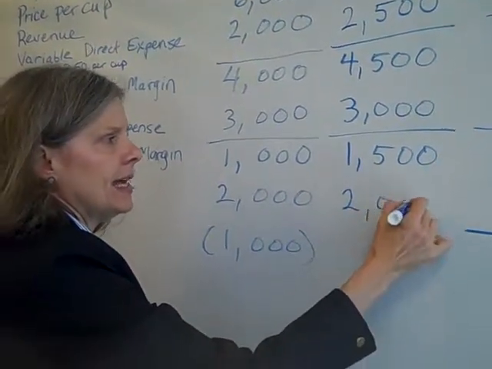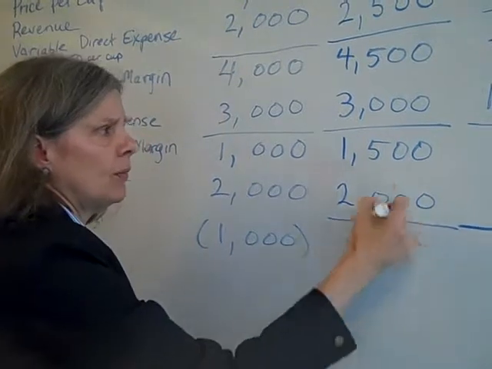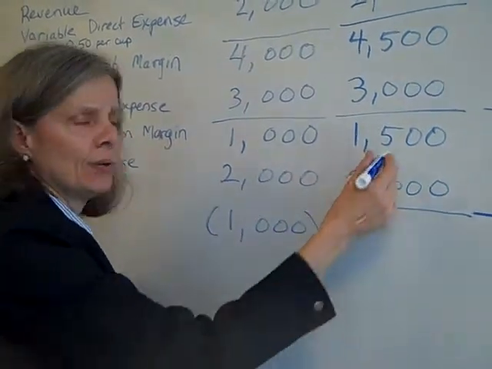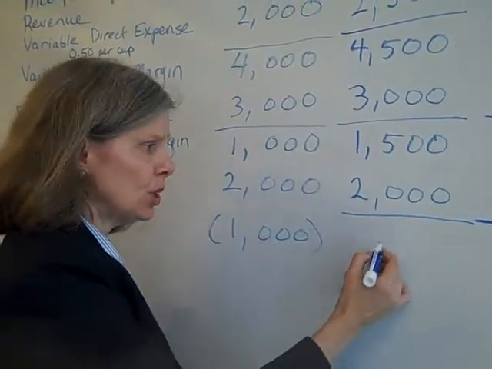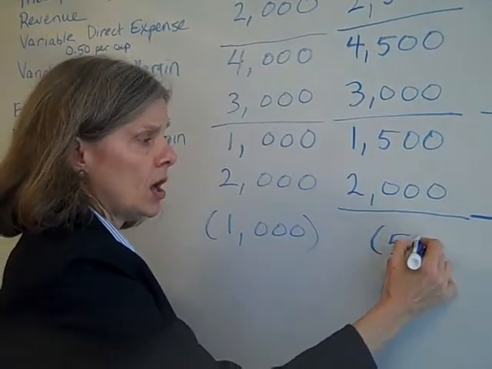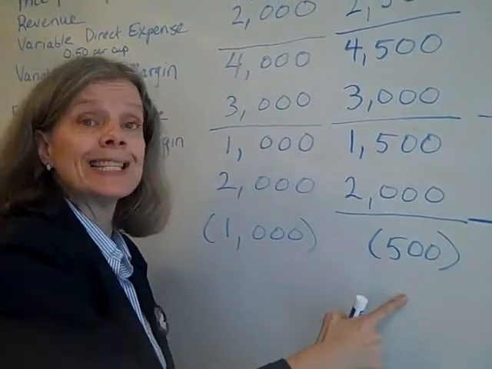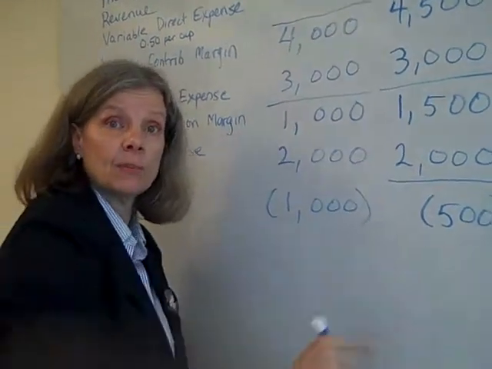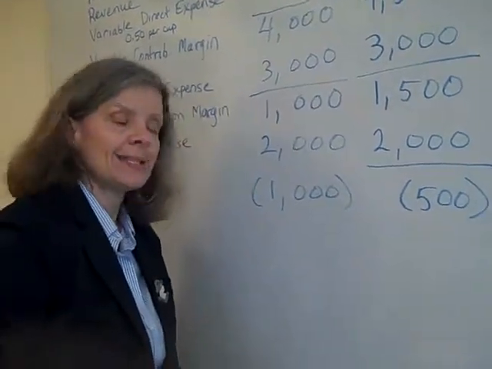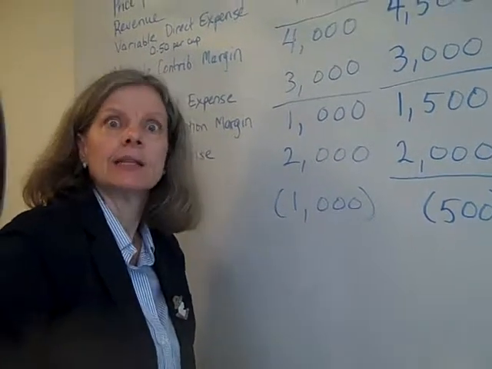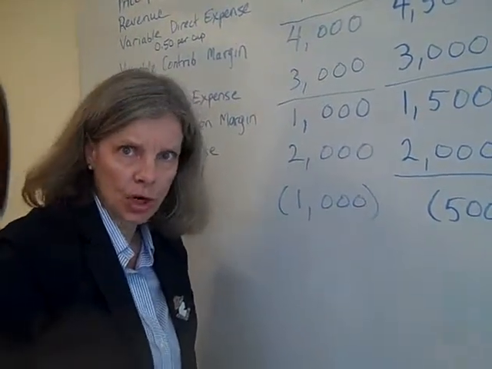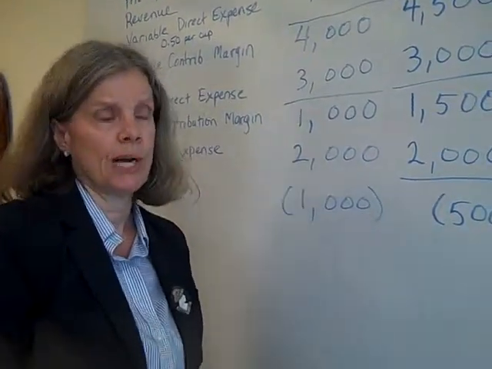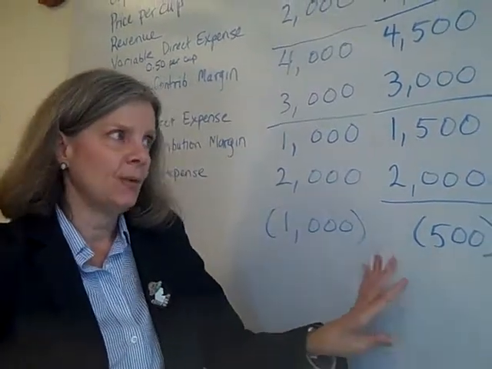We have Lenny's salary, which is 2,000, and when we subtract Lenny's salary from our contribution margin, we still have a loss, but our loss is less. We have reduced our loss by 50%. And this is by taking a deal that is less than our full cost and less than our normal price. And yet it was good.